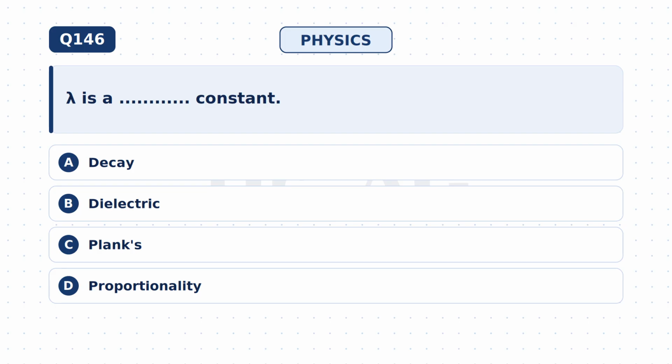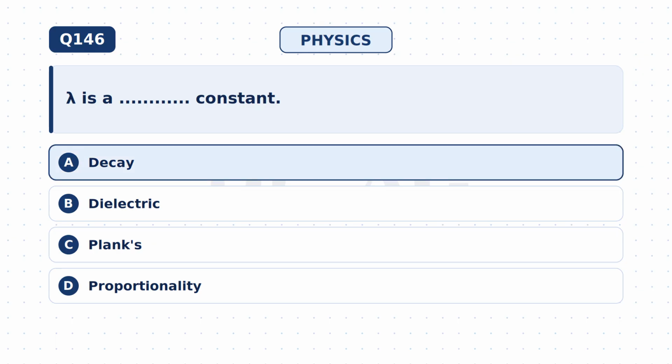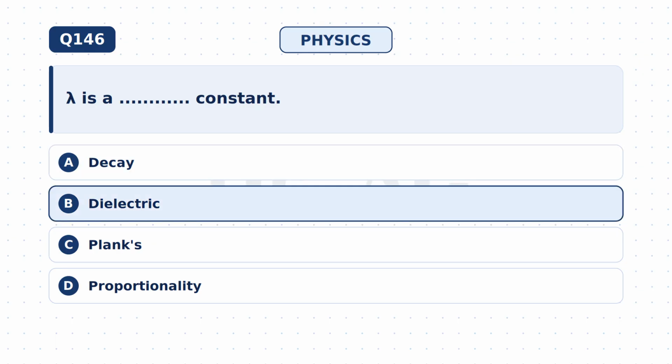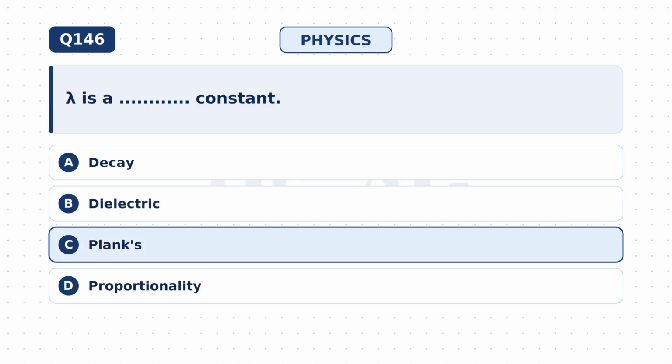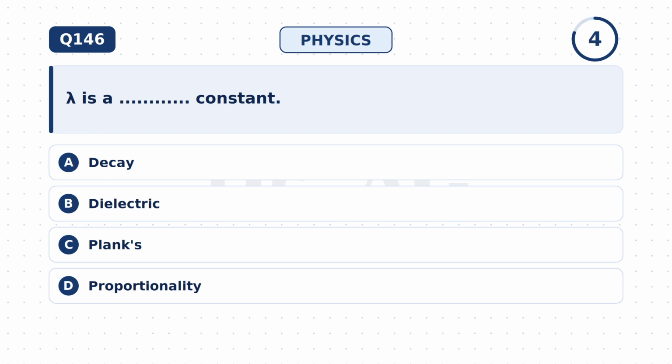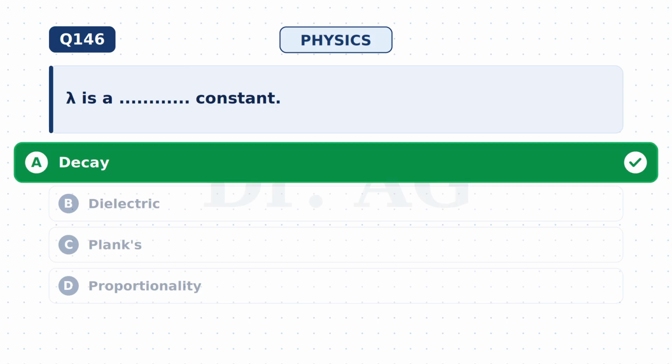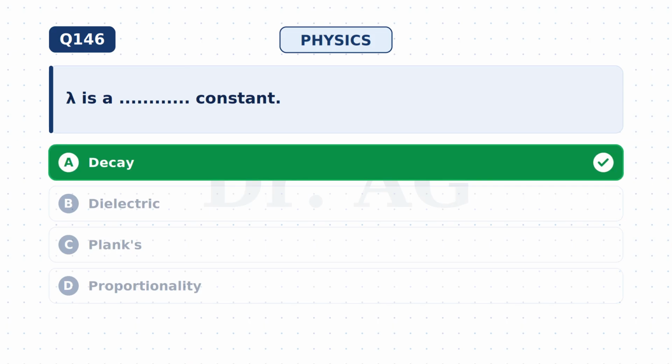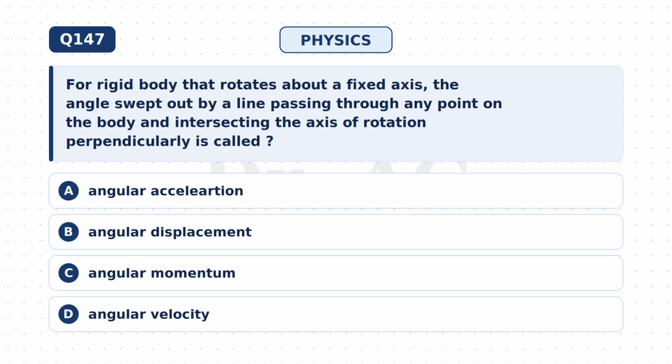Question 146. Lambda is a constant. Option A, decay. Option B, dielectric. Option C, Planck's. Option D, proportionality. The correct answer is A, decay. Question 147.